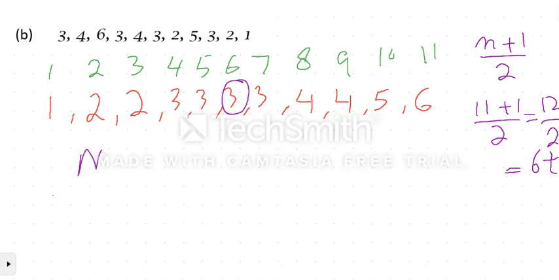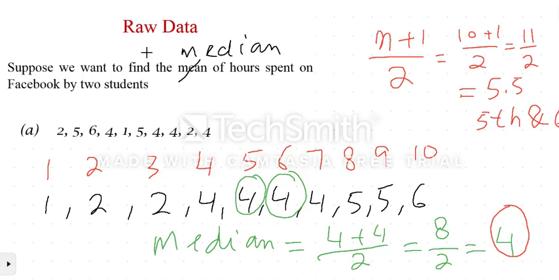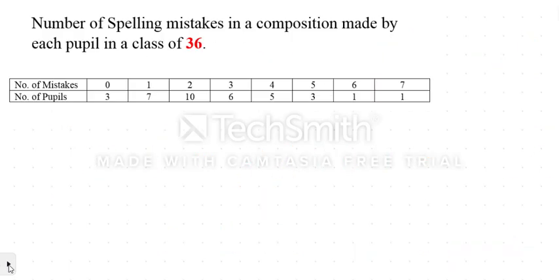Therefore the median of this set of data, or this sequence, is 3 here. So this is how we have calculated the median of the data, which is also called raw data.